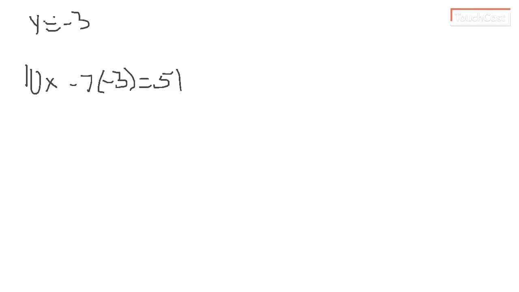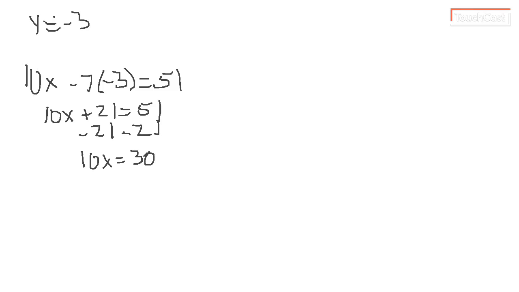Negative 7 times negative 3 is going to make 21. So we're going to have 10x plus 21 equals 51. If I subtract 21, I'm going to get 10x equals 30. Divide by 10. We're going to get x equals 3.